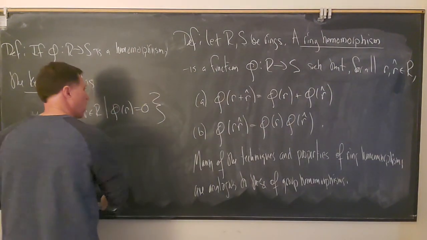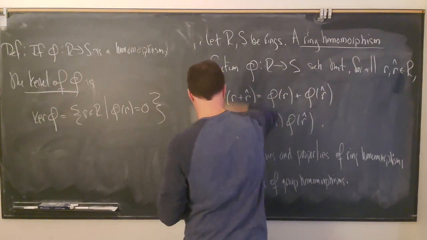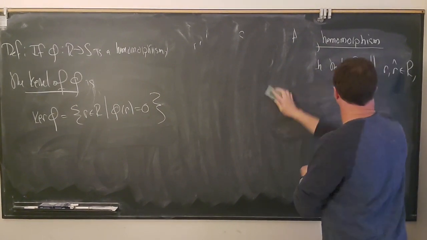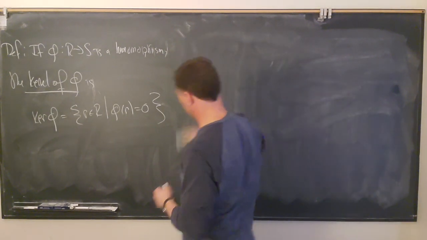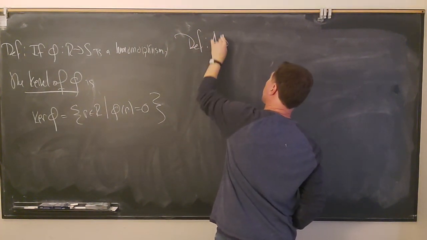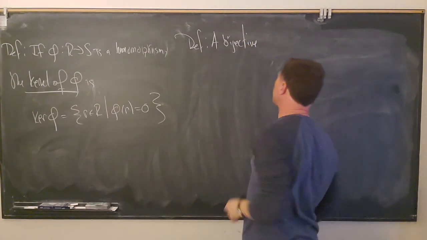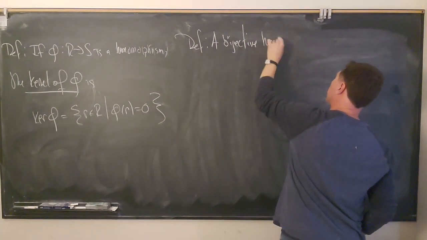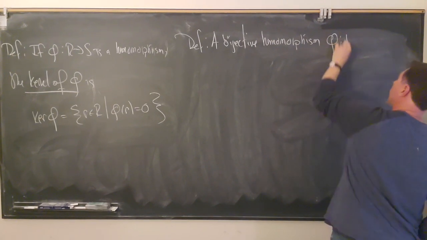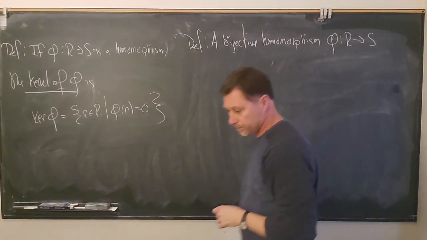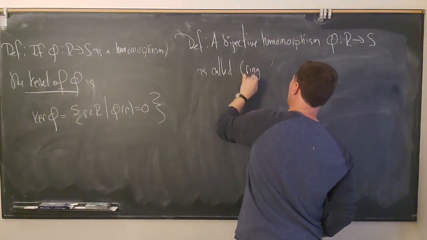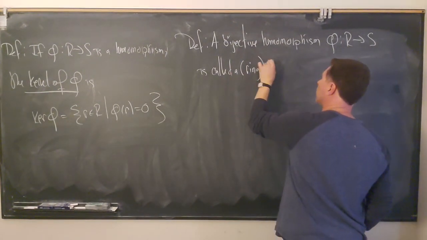This is really another little bit of terminology, although I'll say it as a definition. A bijective homomorphism phi from ring R to S is called, and I'll just put in parentheses, a ring isomorphism.